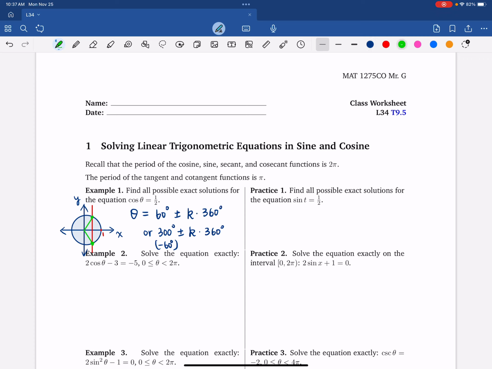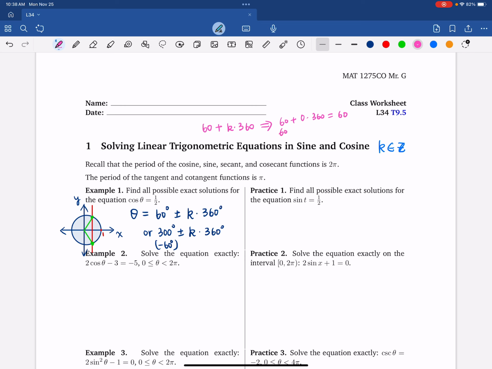So let me elaborate on what I just did. The k right here belongs to the integers. For this handout, I'm going to use this notation, just saying that my variable k is an integer, like 1, 2, 3, 4, 5. So the expression that I just wrote, 60 plus k times 360, could be expanded as 60 plus 0 times 360, which would just give you 60.